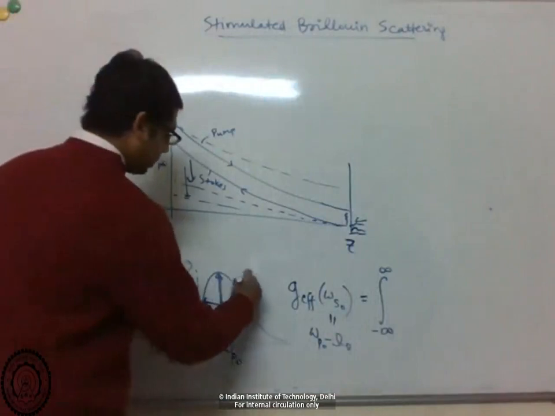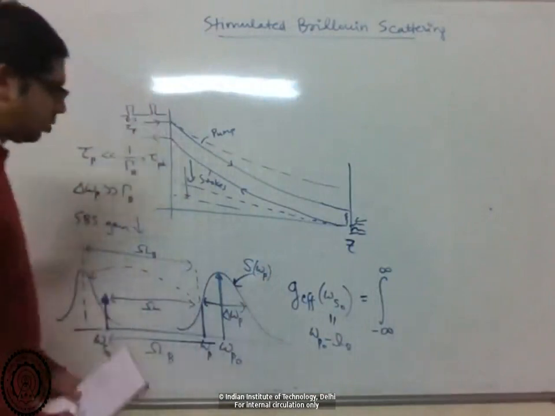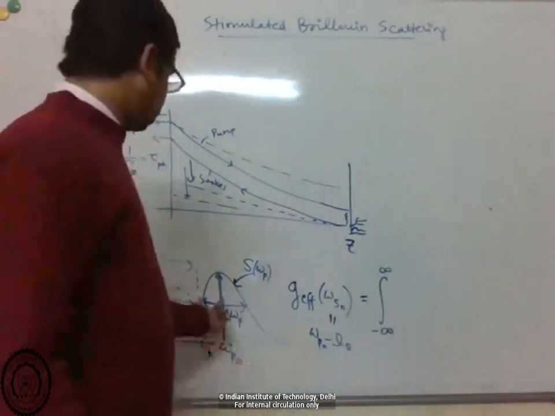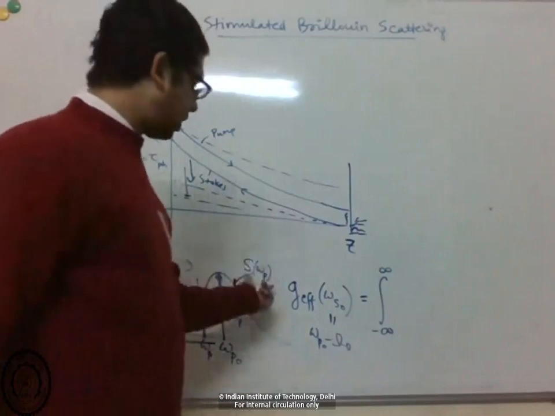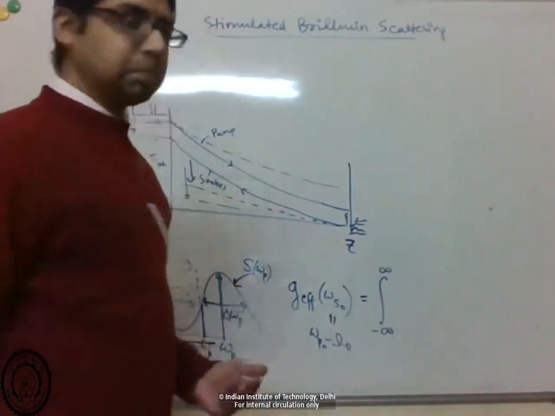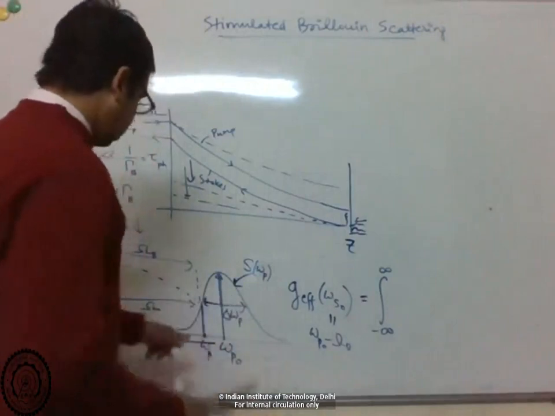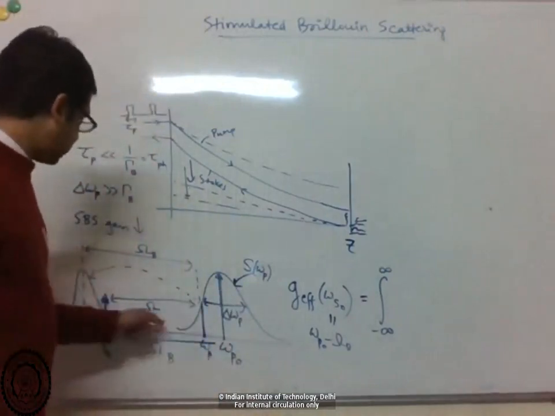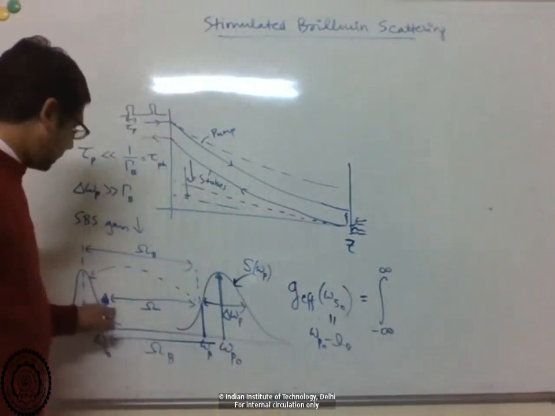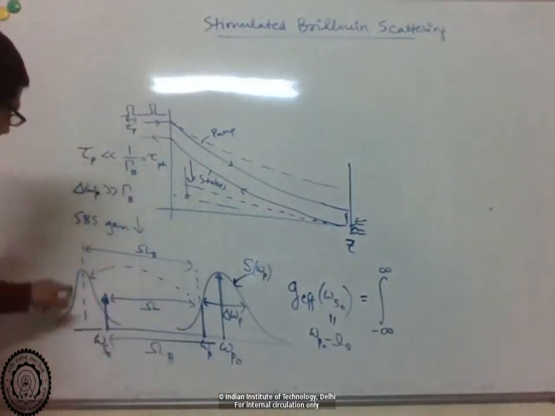Let's say this pump profile is given by some function S of omega p. For example, it could be a Gaussian function, or Lorentzian or whatever. That's the line shape of my input spectrum. Due to a frequency omega p, which is at a distance omega from this omega s naught, this omega p gives rise to this Brillouin gain line shape.